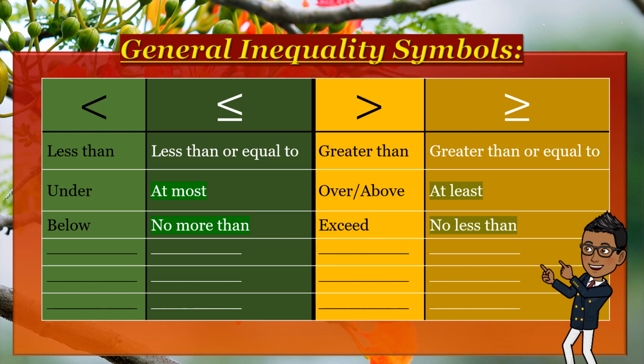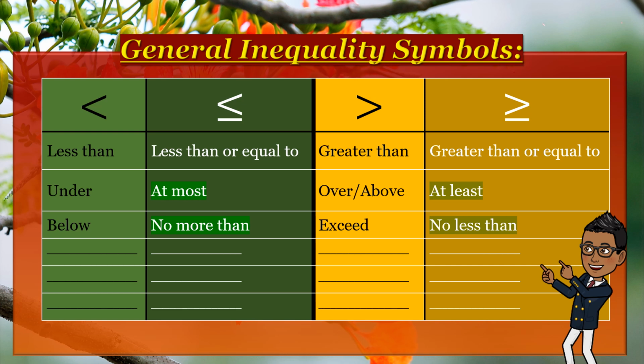Beside that, in the bright yellow, we have the greater than symbol, and this is in general. That symbol represents a quantity being over or above some other quantity, or exceeding another quantity. These are some synonyms that we use to represent greater than. And beside it, in a darker yellow, we have the greater than or equal to symbol.